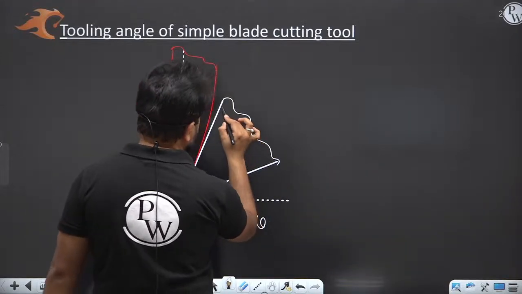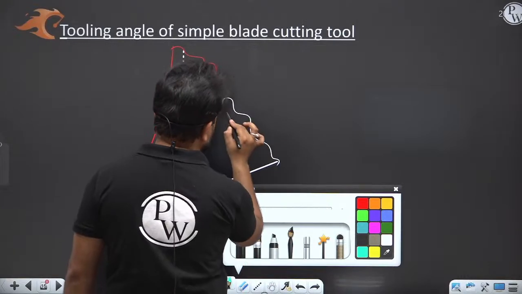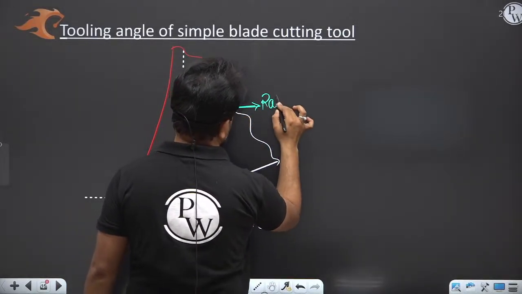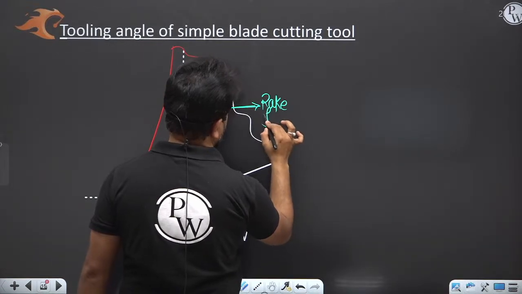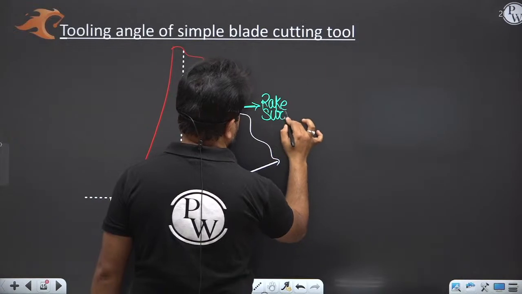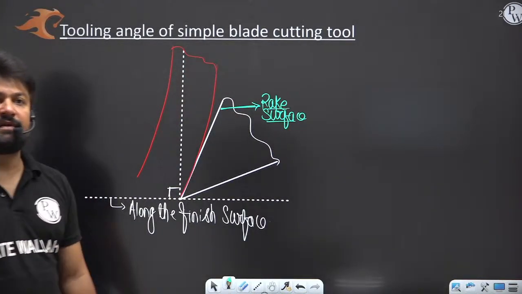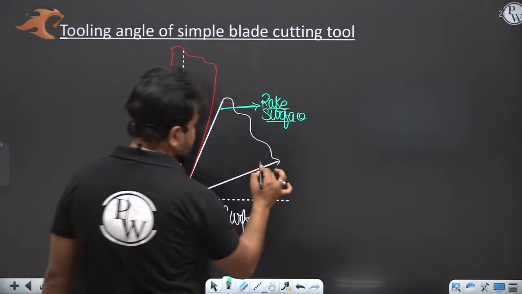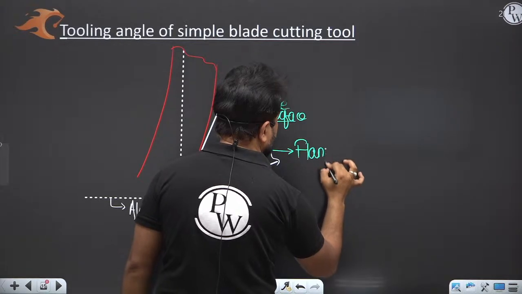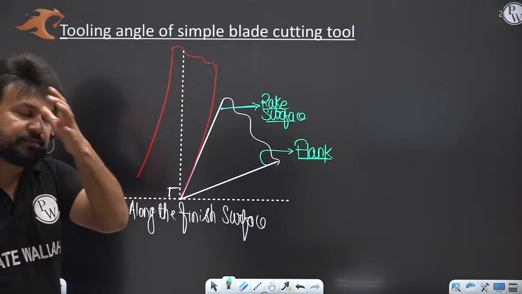Already you know that this surface is known as rake surface, and this surface is known as flank. Right? These two surfaces are clear.